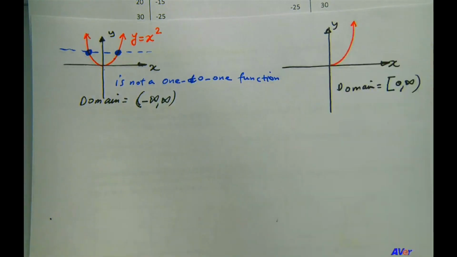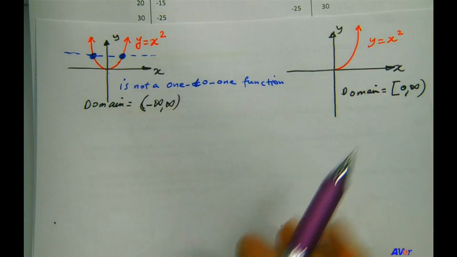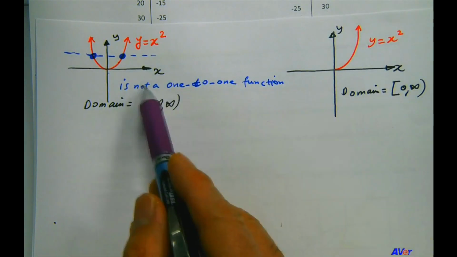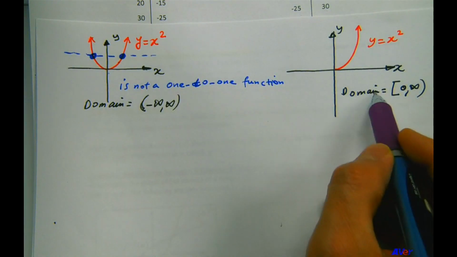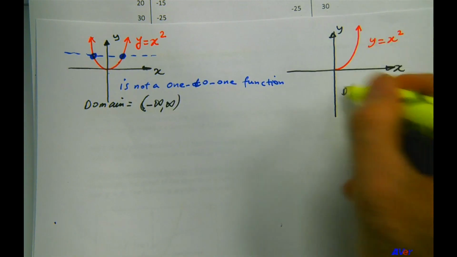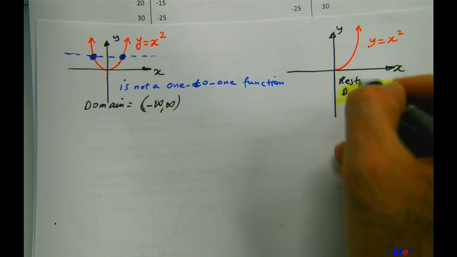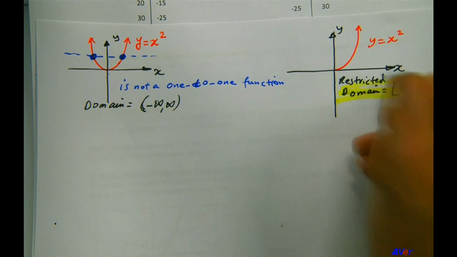And this is still y equals x squared. This is still the same function, but this time notice the domain was restricted. Why did we do this?